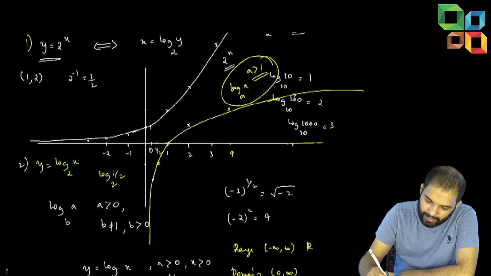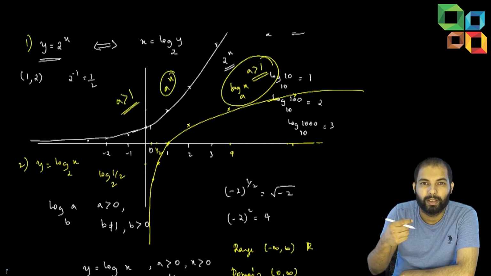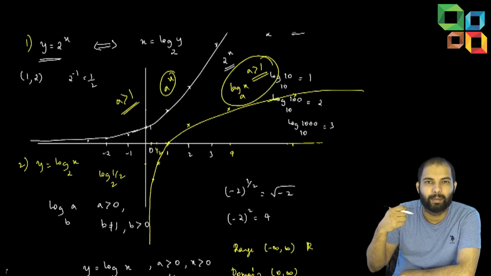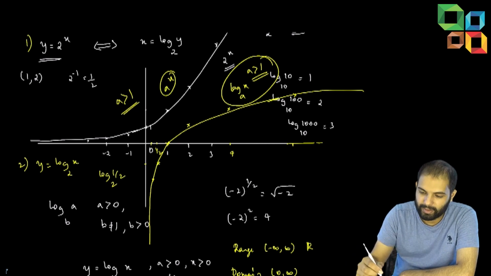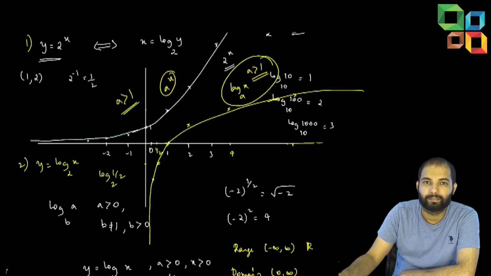Similarly, for a power x, whenever a is greater than 1, this is how the graph will look. Because when a is greater than 1, as I increase x, it keeps on increasing. You can see the graph is always continuously increasing.